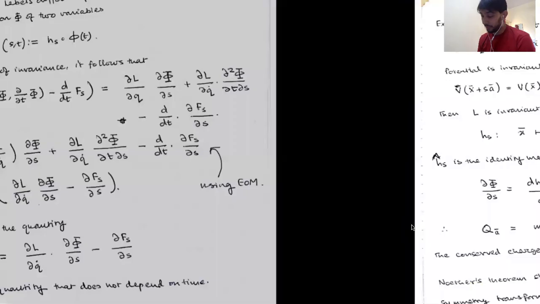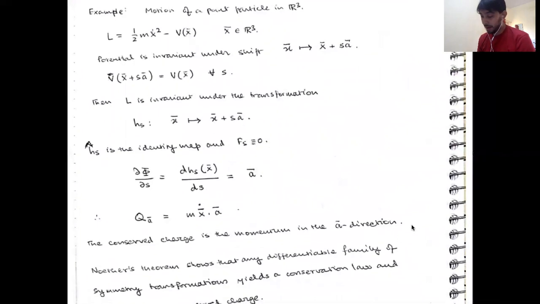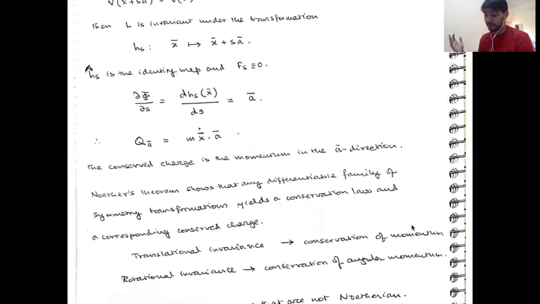We looked at our favorite example of translation. I urge you to actually sit down and work this out just to make sure that you are fine with the steps that we have done in between. Noether's theorem shows that if you have a differentiable family of symmetry transformations, this yields a conservation law and a corresponding conserved charge, right?